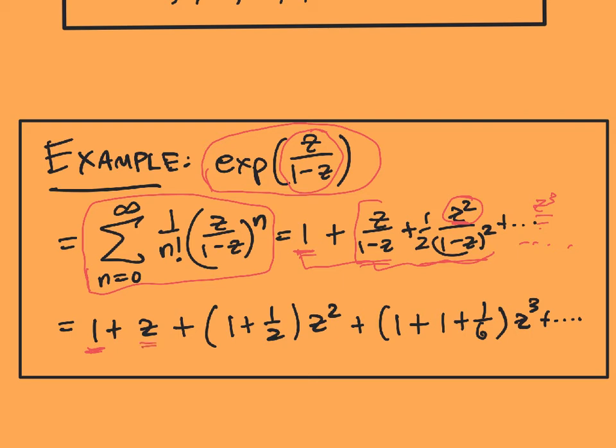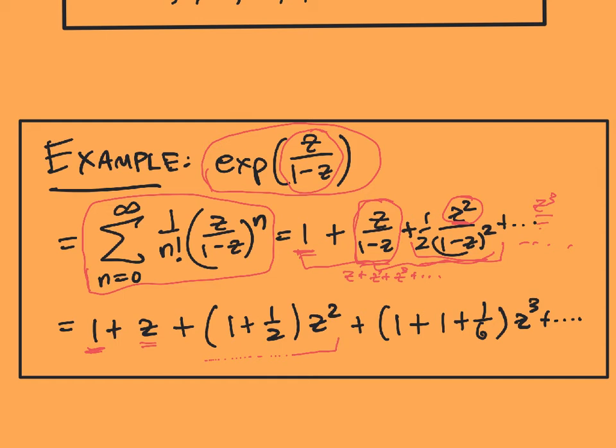Then to find the coefficient of z, well, I know that I have a factor of z here, and I can figure out the coefficient of z in this power series because this is just a piece of the geometric series. Then I know that this doesn't influence it at all.